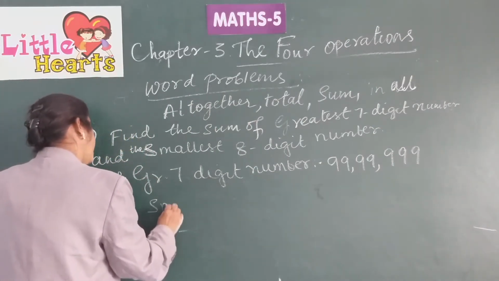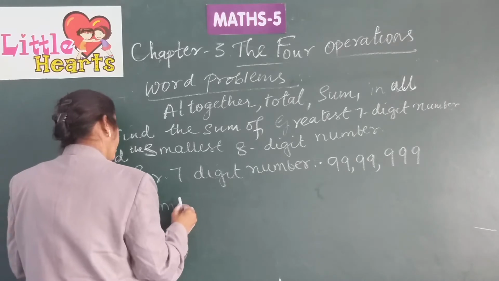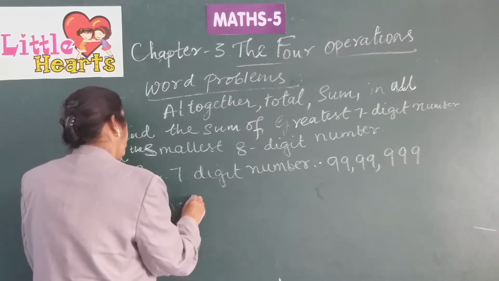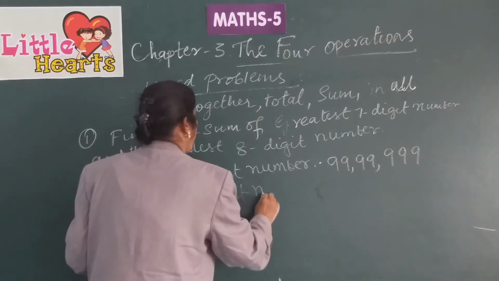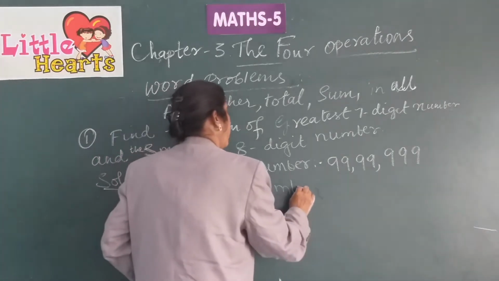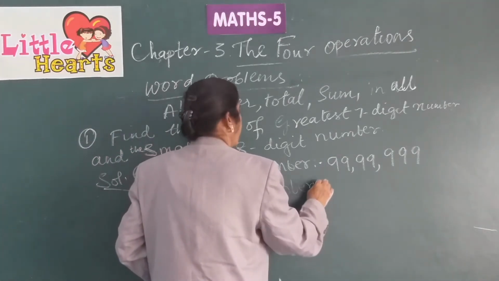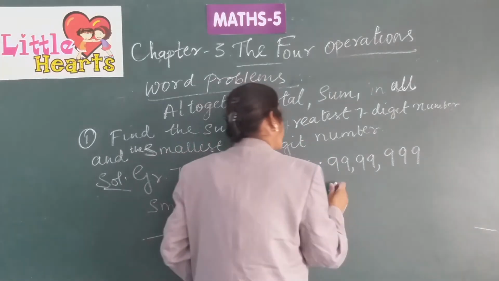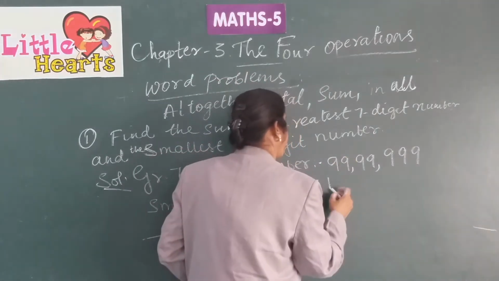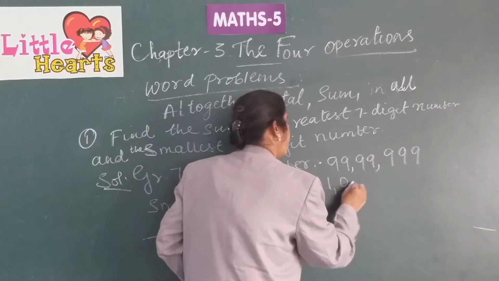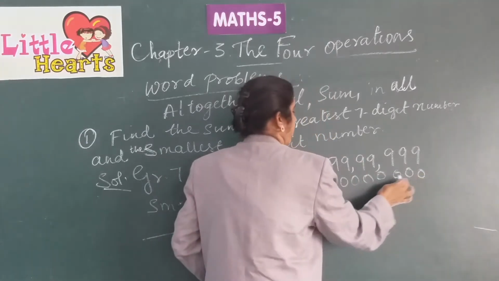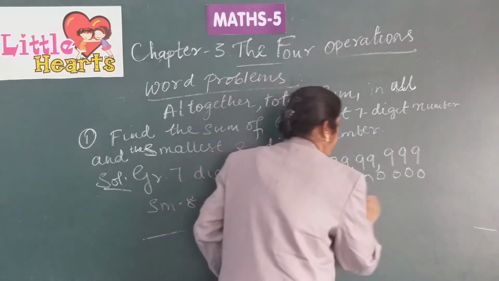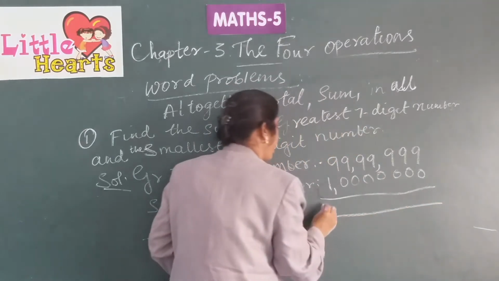Smallest 8-digit number. What is the smallest 8-digit number? 1 crore. After 10 lakhs we get 1 crore. So 1 crore can be written like this: 1, then zeros in all the other places. This is the smallest 8-digit number.